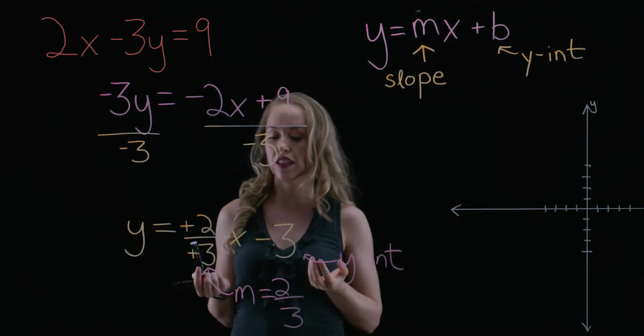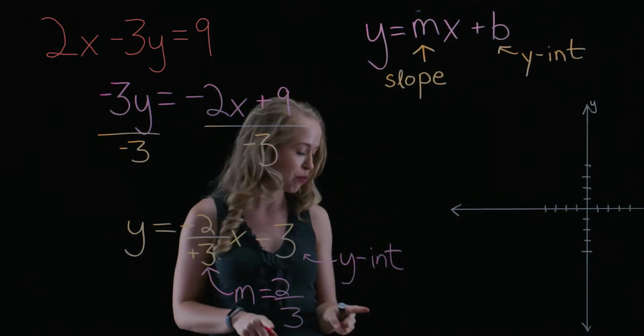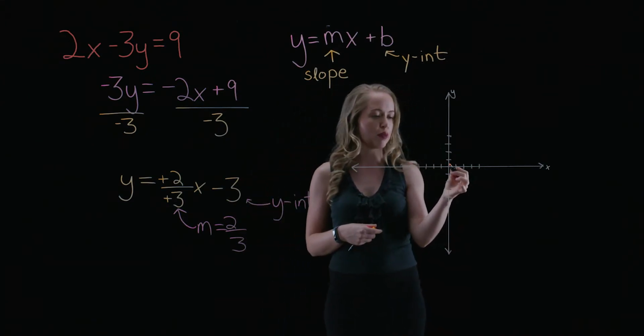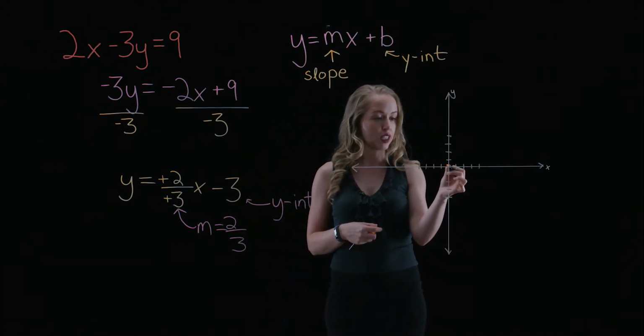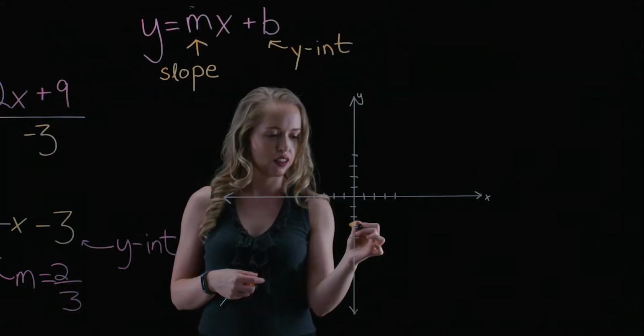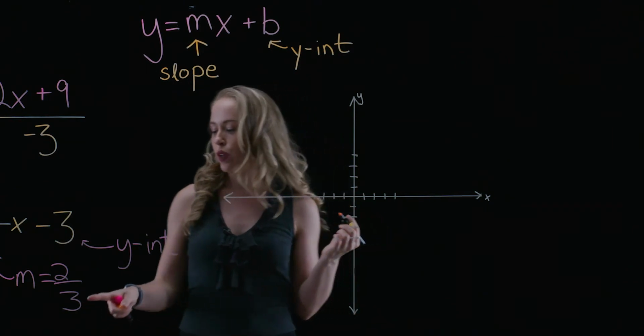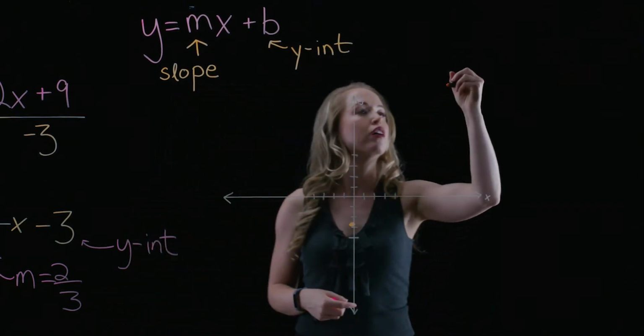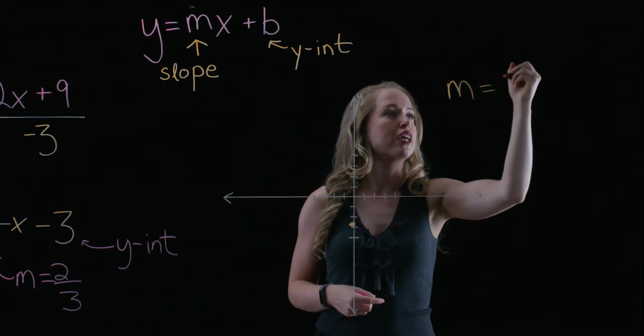The question also wants us to describe the graph. So with this information, if we come over to a graph, we know our y-intercept is negative 3. That means if we go to the point (0, -3), that will be a point on our graph. We use our slope, 2/3, and we remember slope equals rise over run.